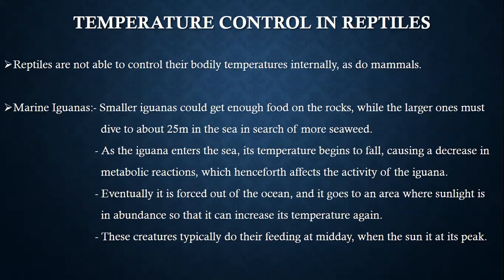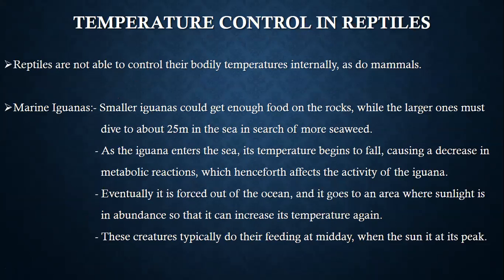Right, so your reptiles are considered to be ectothermic. Ecto meaning external, and thermic meaning how heat is derived. So basically, these reptiles, like the marine iguanas, would have to get their warmth from the sunlight. So then they will have to bask in the sun in order to warm up.